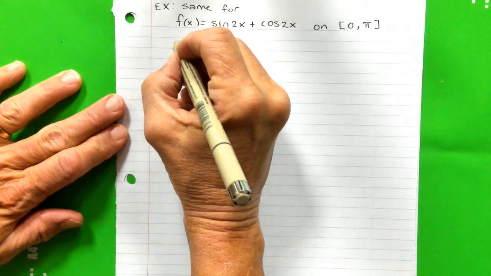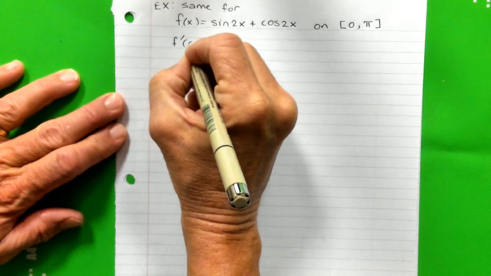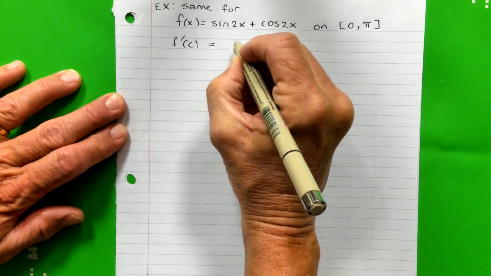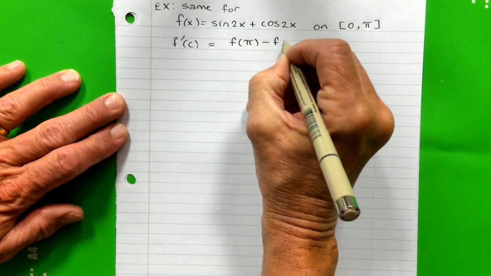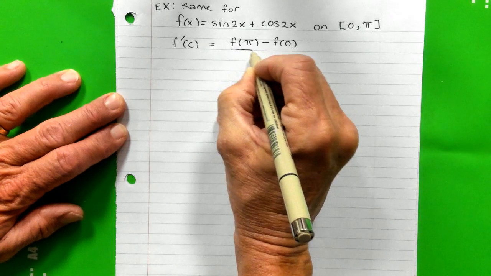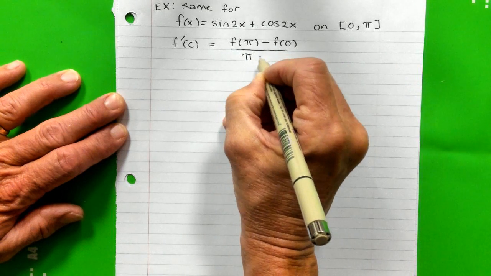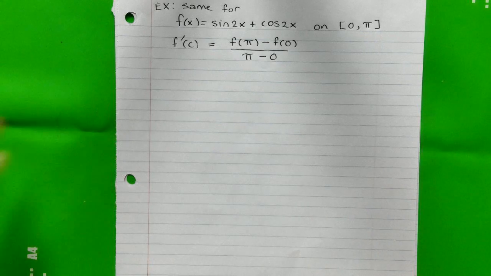Right? We need f prime at c to be equal to f of pi minus f of 0 divided by pi minus 0. We agree that this is a continuous function because sines and cosines are continuous, and so their sum is continuous, and they have derivatives that are sines and cosines, so the derivative is also continuous.